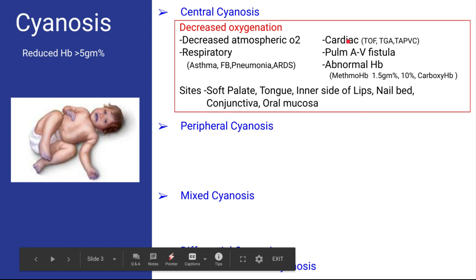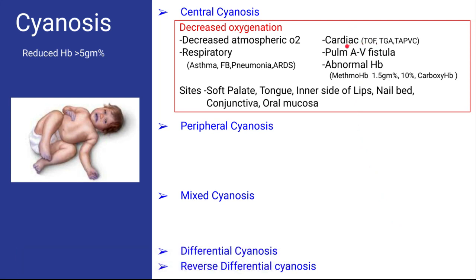Then next is cardiac. Cardiac causes include cyanotic heart disease. Then pulmonary arteriovenous fistula can lead to right to left shunt and central cyanosis.